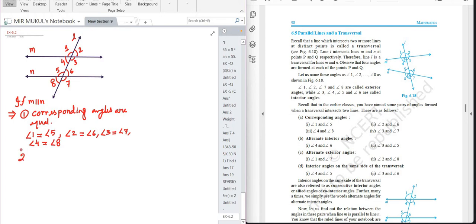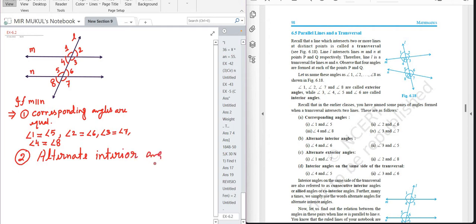Then second property, alternate interior angles will be equal, right?